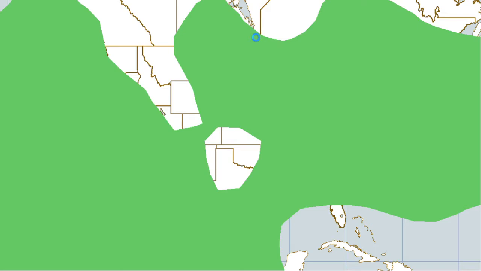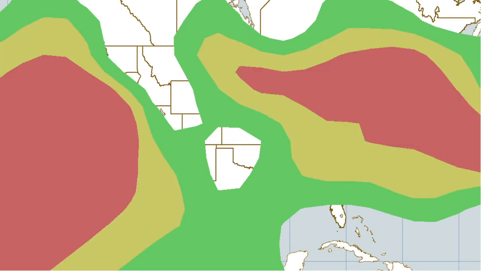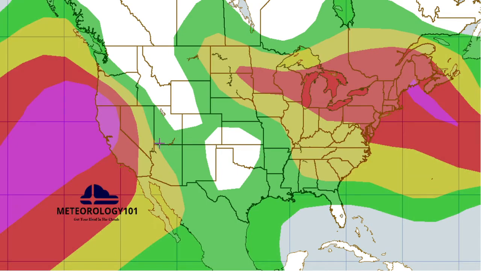We'll just pull the shading. This is at 300 millibars. So we do have a jet finger off the west coast, and that would be the long wave ridge over that high pressure system, and then the jet max off the east coast.